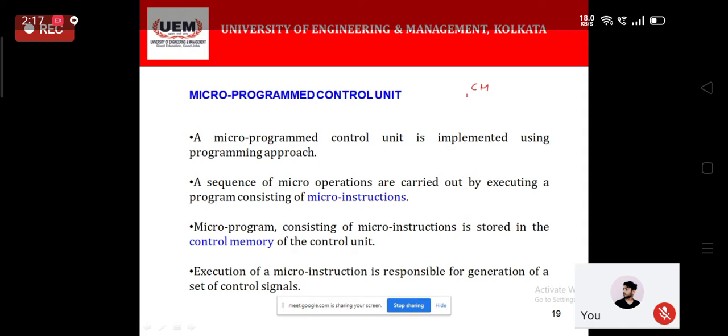In the last class I was discussing, there you have a certain amount of instructions, and the program is nothing but the collection of instructions. Those instructions are known as micro instructions, and a collection of micro instructions is known as the micro program, or the program code.